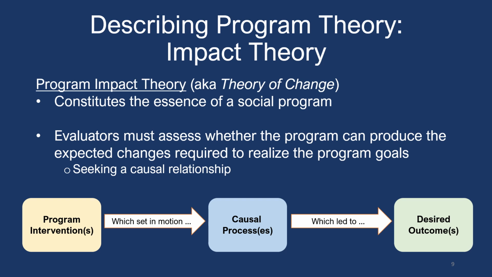Evaluators will always be looking to establish a causal relationship. At its simplest, they want to know if X intervention or program or treatment leads to a change in Y. Rarely is this so directly achieved. There are many factors that evaluators do not have control over, and we've alluded to that earlier in the course.